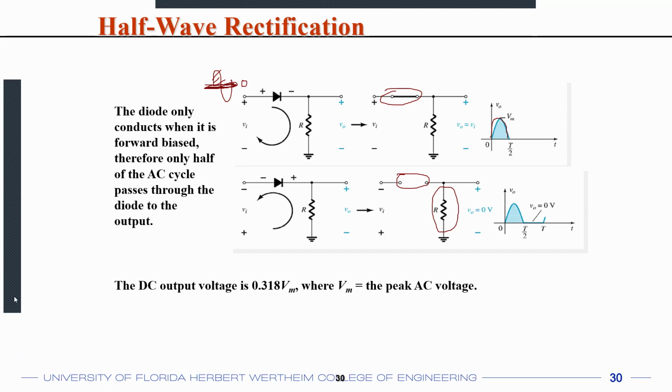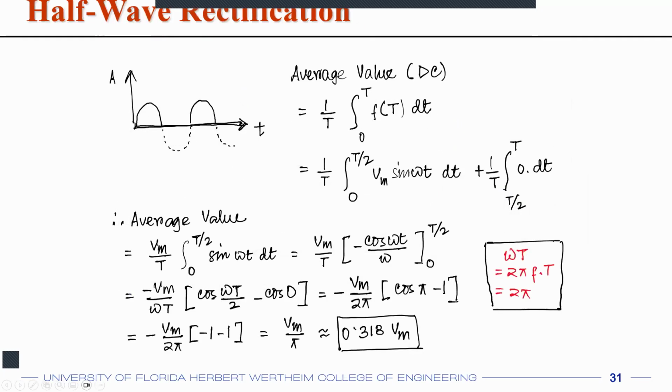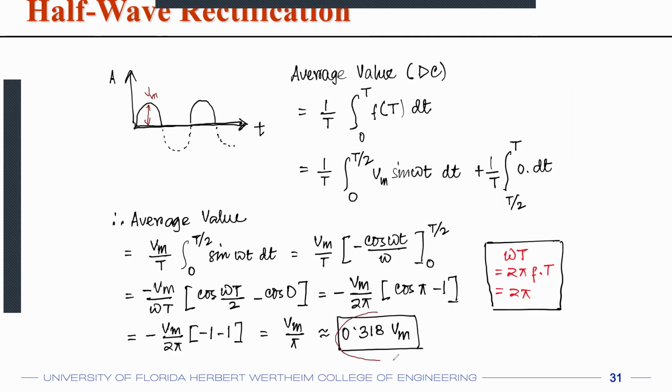And we proved this in the last lecture, that the average value of the half sine wave is going to be 0.318 times Vm, where Vm is basically the amplitude of the sine wave in one direction. So if this is Vm, then the average value of this half sine wave rectified waveform is equal to 0.318 times Vm.